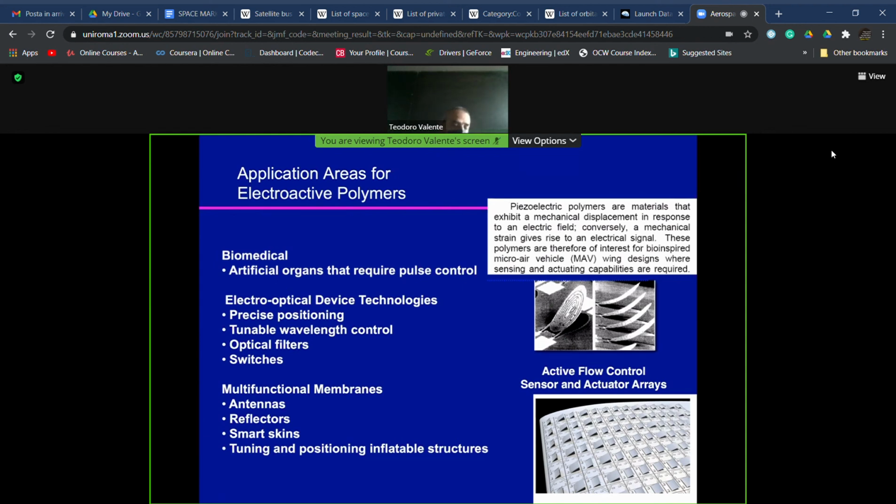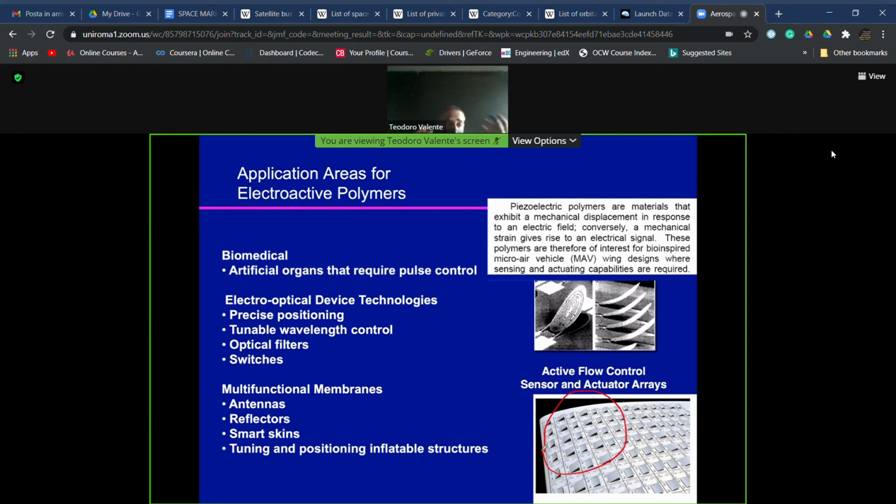That is, we apply a difference in potential, and so we have a strain. If this system is not free to deform as it wants, but is fixed in some points, we can have effects like those reported here in this picture, in order to have, for example, an active flow control, and so controlling the interaction between the wings and the fluid, generally speaking.